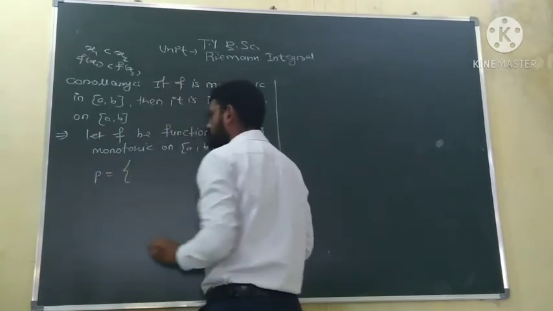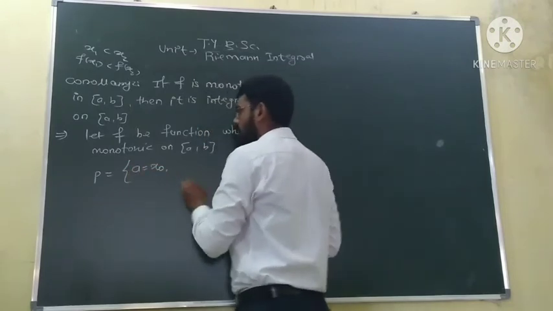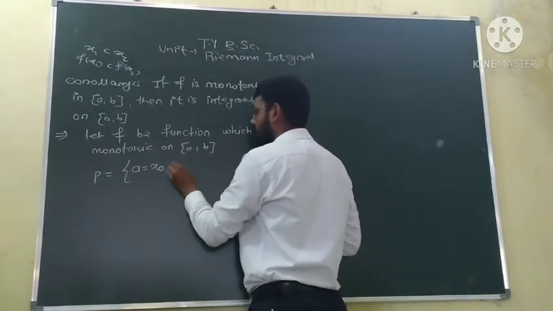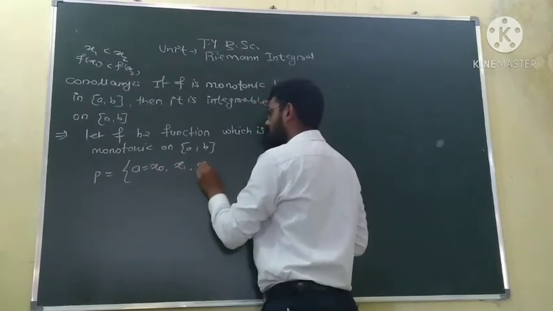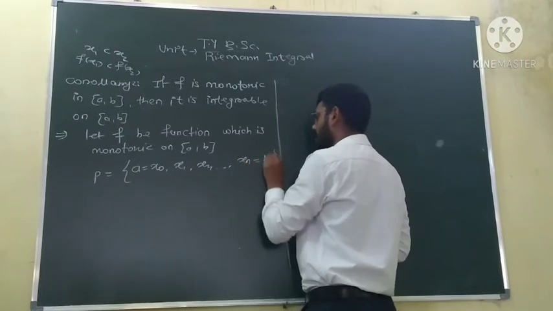Now T is a partition of this interval. The first point is a, which is x0, then x1, x2, then the last point, which is b. We can say this is xn.